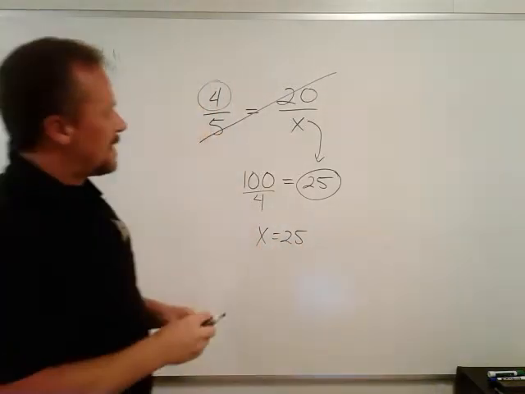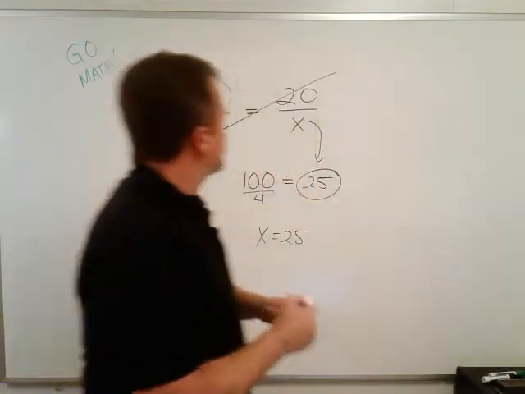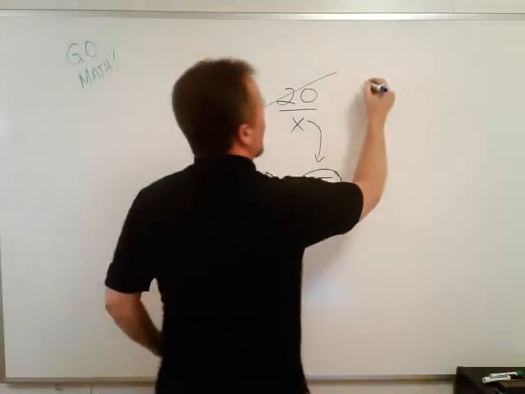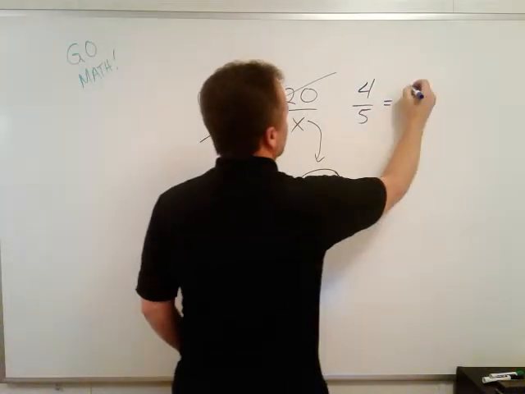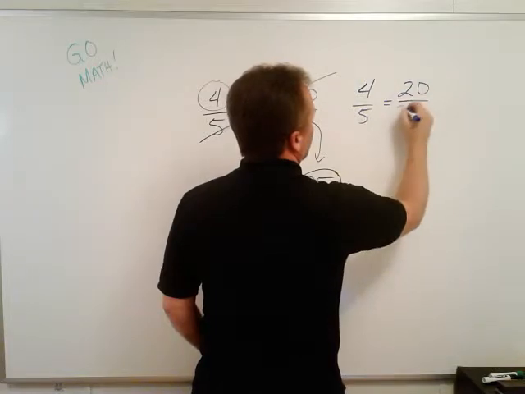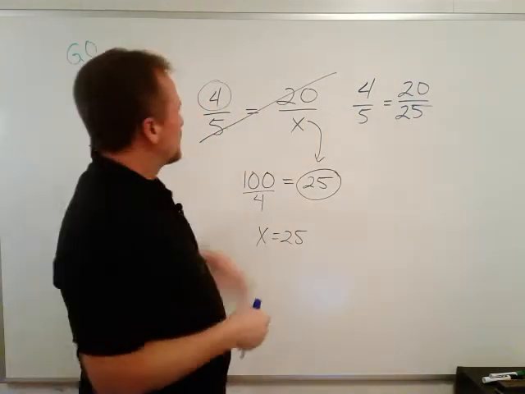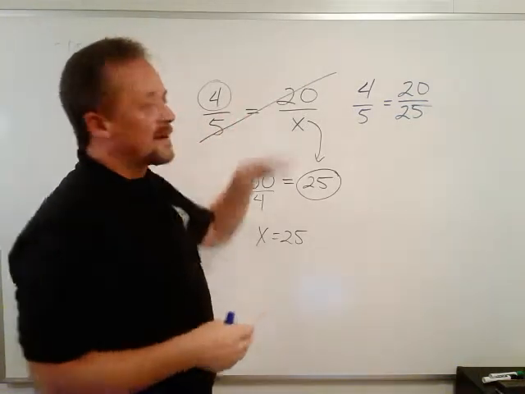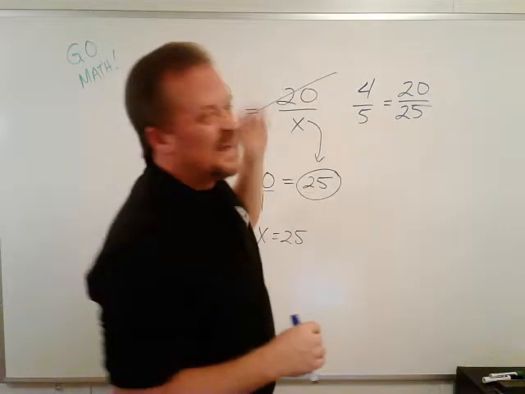So if I rewrite all that so it looks a little prettier, I should have 4/5 is proportional to 20 over 25. And now when I cross multiply, because over here I cross multiplied in the beginning and I got 100, hopefully when I cross multiply this way also, I get 100.